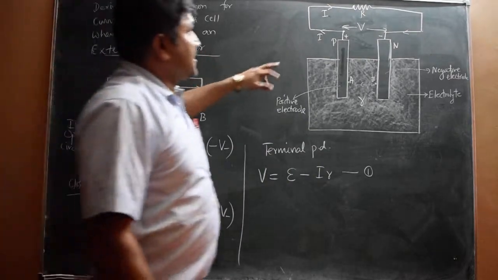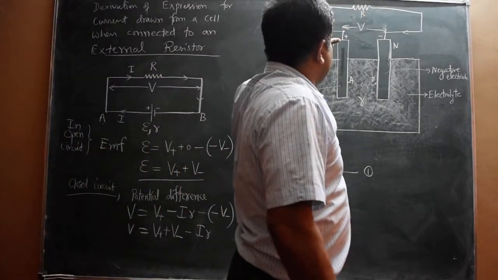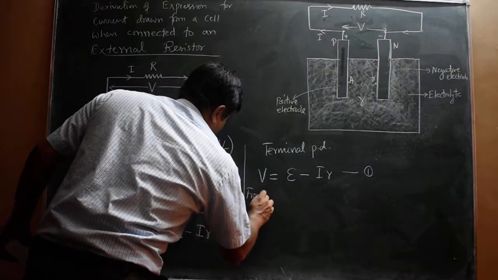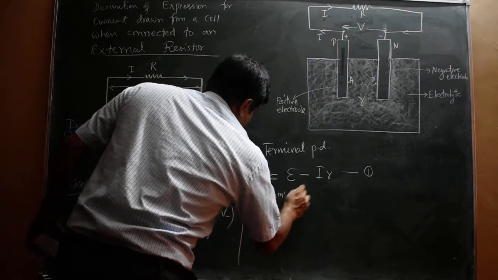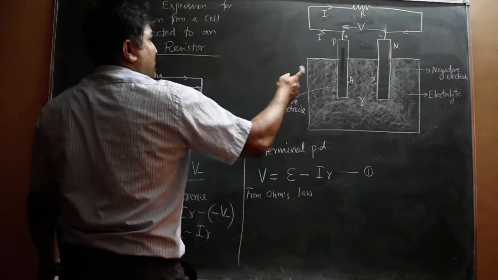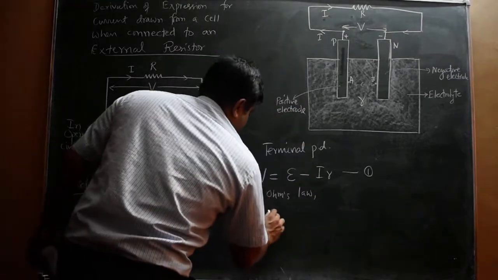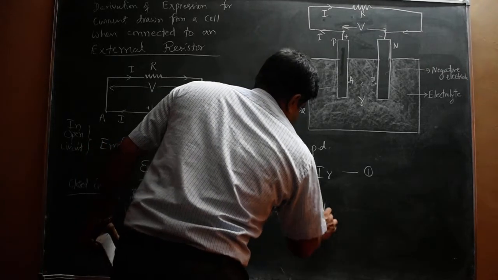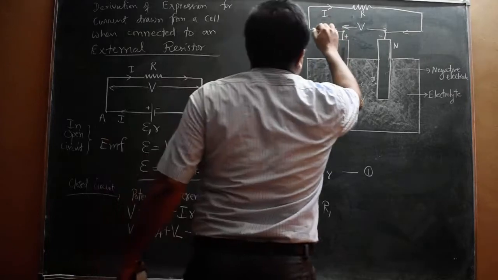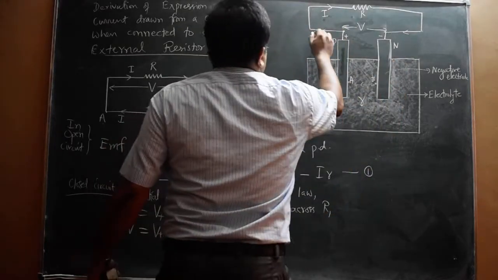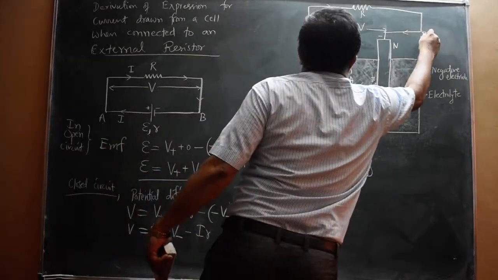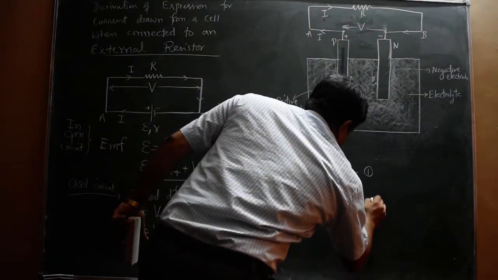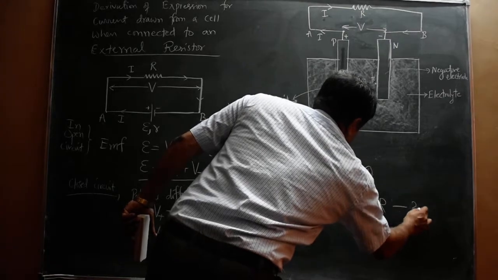Now, the current flowing through the external resistance is I and the resistance value is R; from Ohm's law, the terminal PD of the cell, which is also the PD across the external resistance, across points A and B, is V equal to I into R, equation 2.